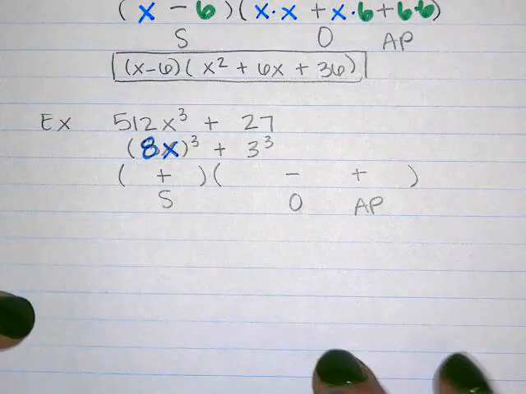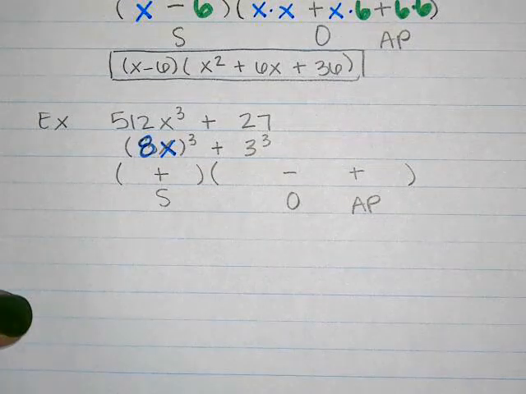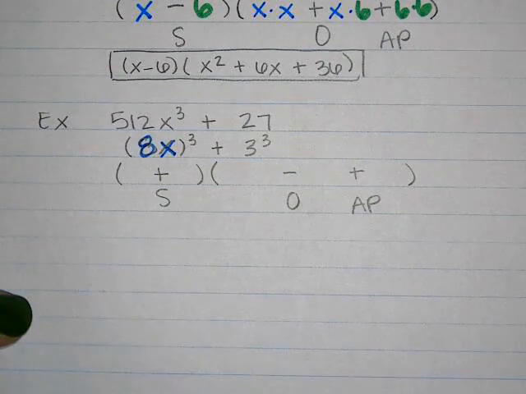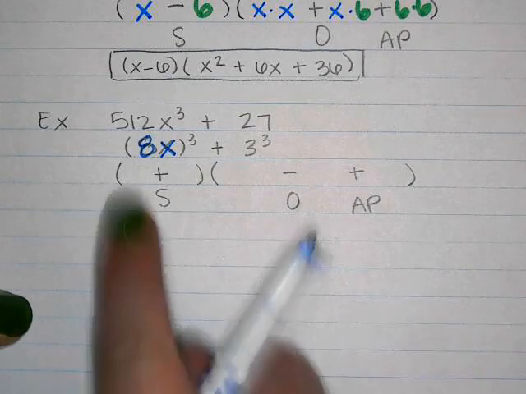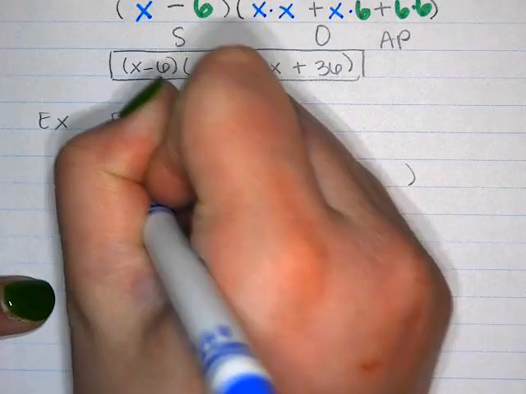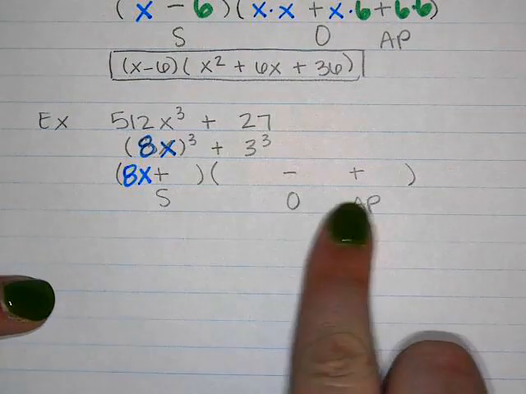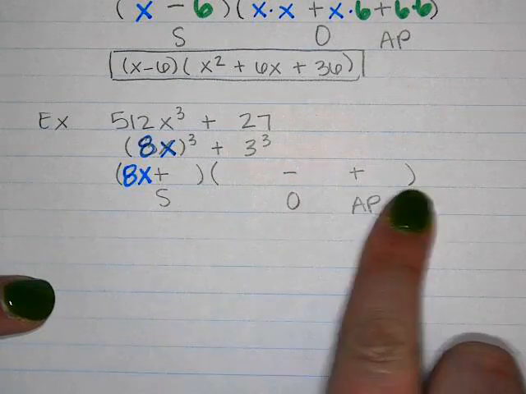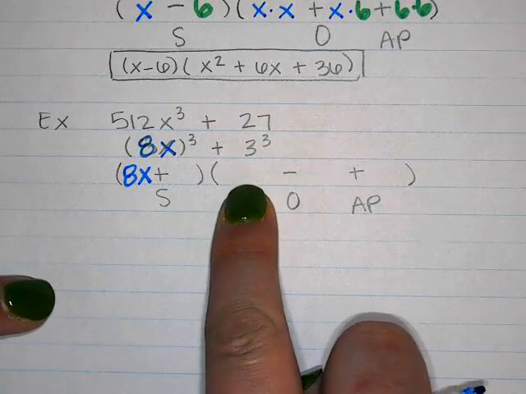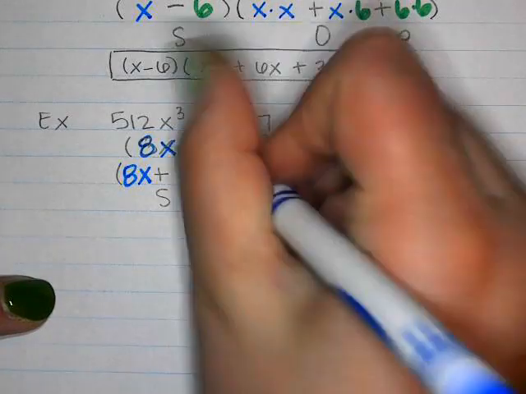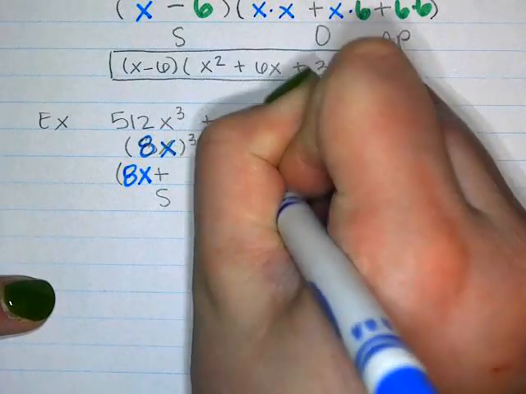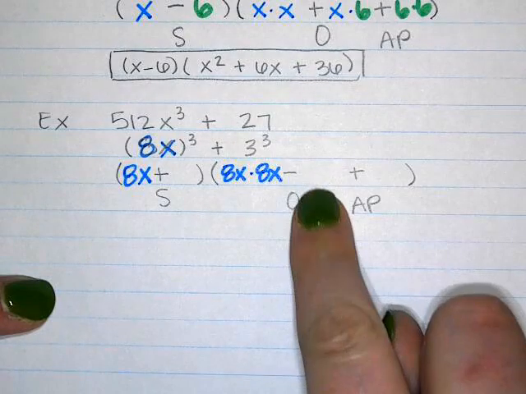And what do we do with the first color? In the little set of parentheses, what do we do? Put it in the first spot. And then what do we do in the second set of parentheses? Half of the parentheses, half of the parentheses. So how many times do we put it here? Twice. So 8x times 8x. How many times do we put it here? Once. Okay.